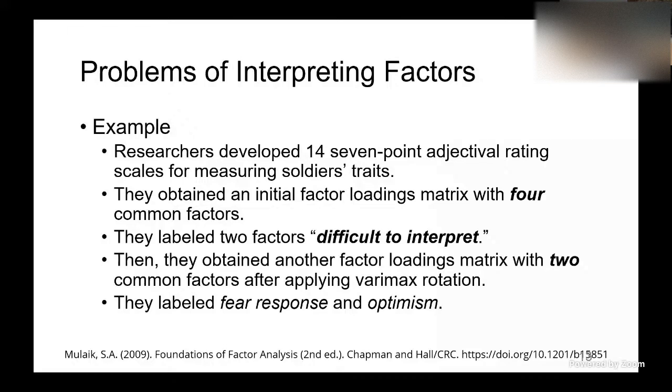So they ended up using a 2-factor model, and they labeled each factor fear response and optimism. As you can see, whether researchers can interpret the meaning of a factor subjectively is very important because it will literally affect the process of analyzing a factor model.